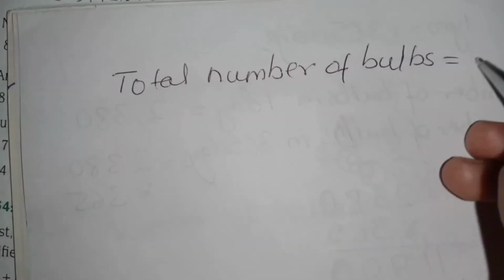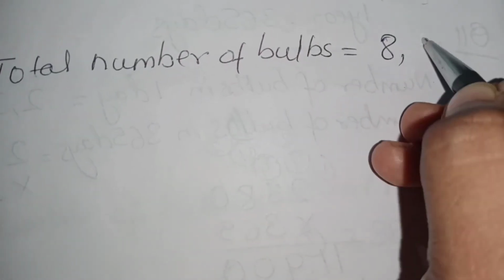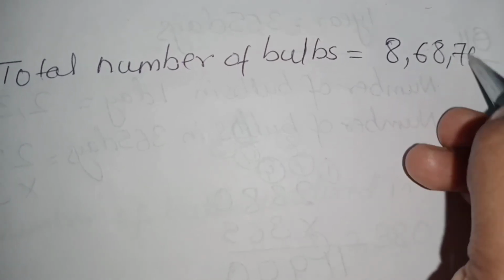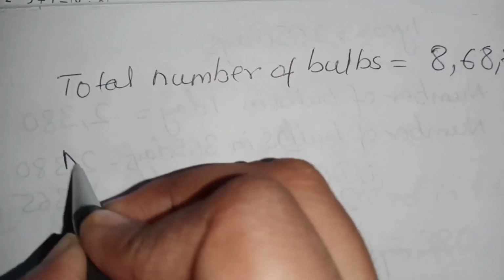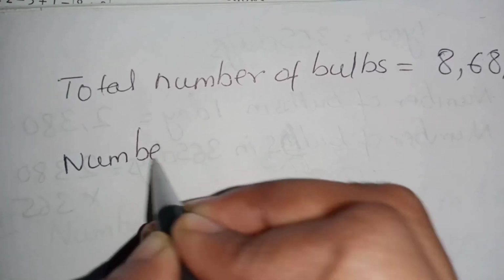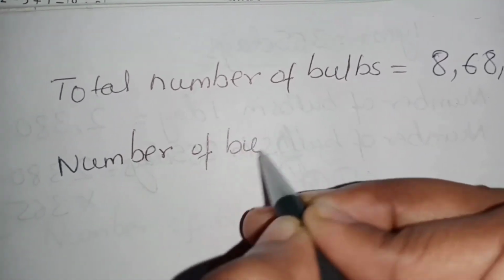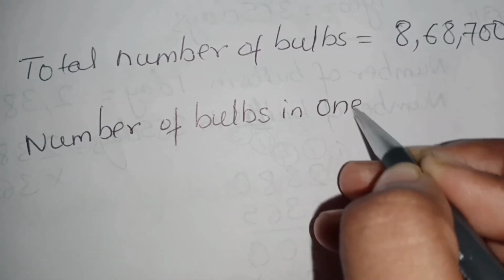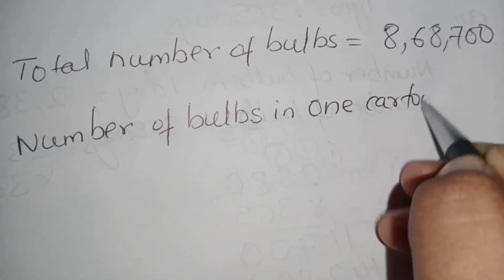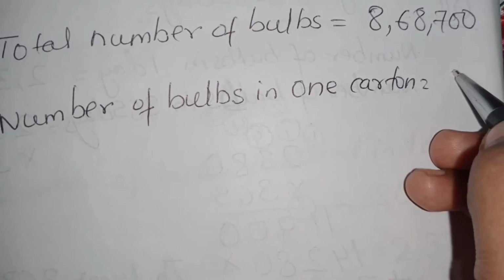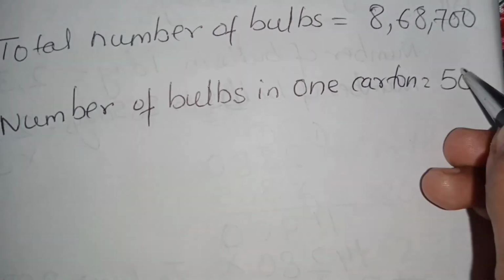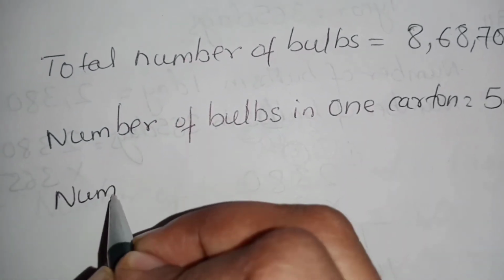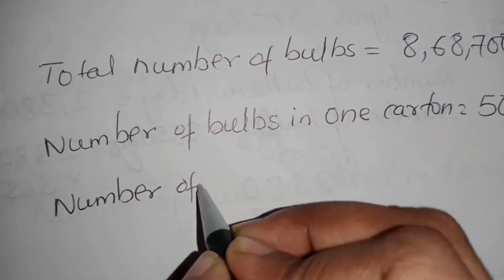It is 8,68,700. Now number of bulbs in one carton. So in one carton how many bulbs will be there? 50.